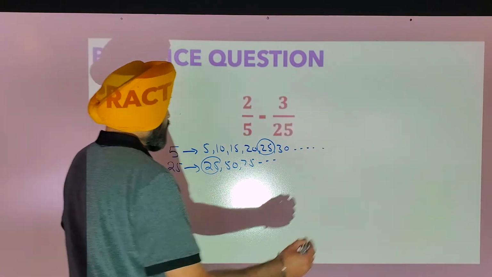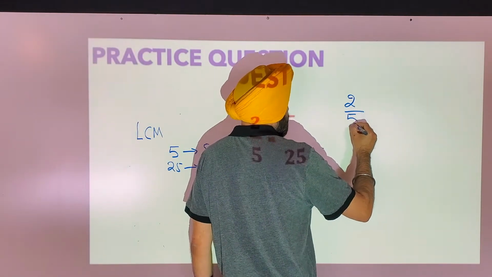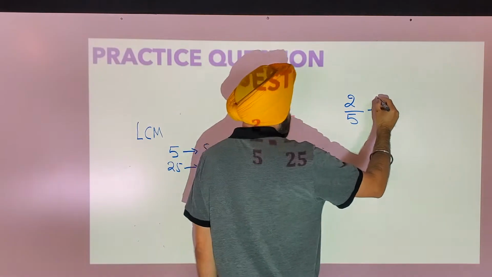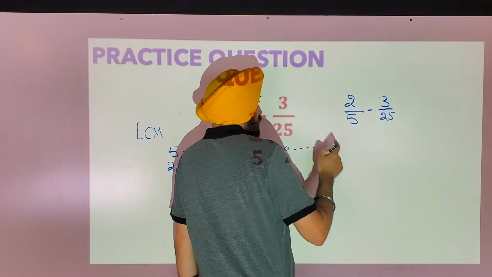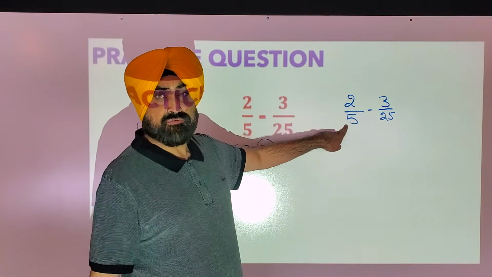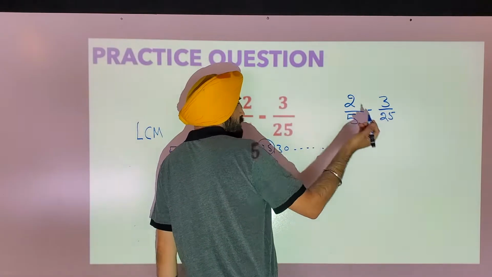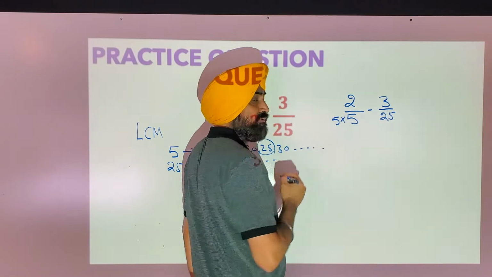So here we have 2 over 5 minus 3 over 25. This is already 25, right? So we will make this 25. Which number do we multiply to get 25? 5 times 5 is 25.